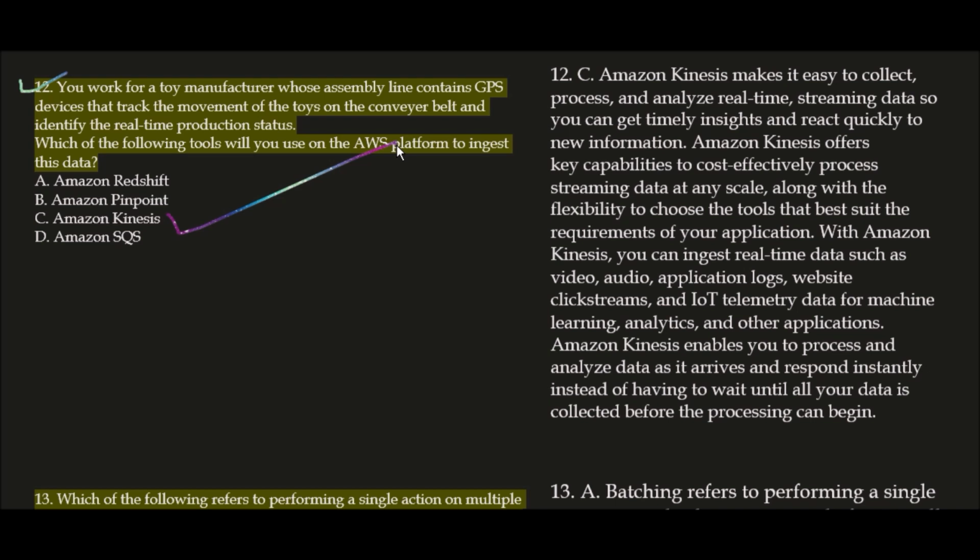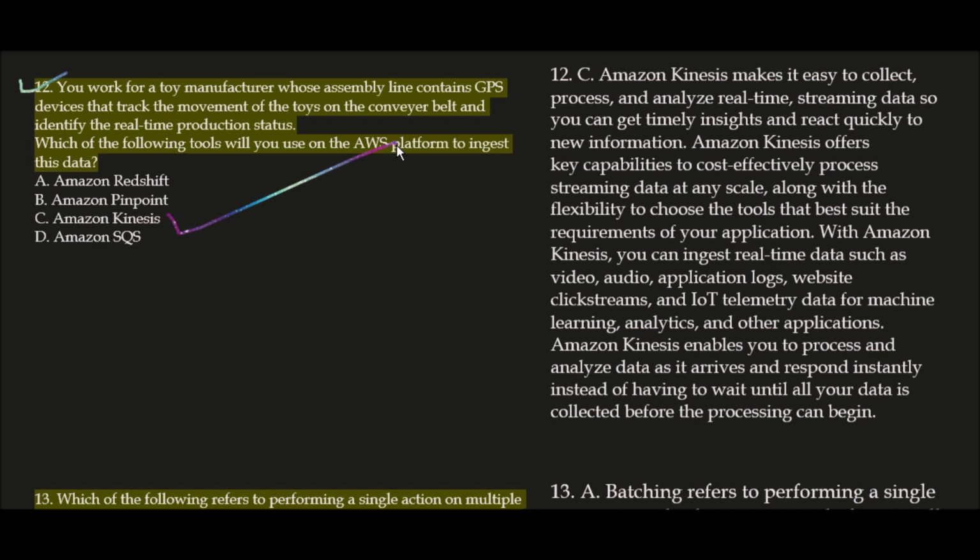Because Amazon Kinesis makes it easy to collect, process and analyze real-time streaming data so you can get timely insights and react quickly to new information. Amazon Kinesis offers key capabilities to cost-effectively process streaming data at any scale, along with the flexibility to choose the tools that best suit the requirements of your application.